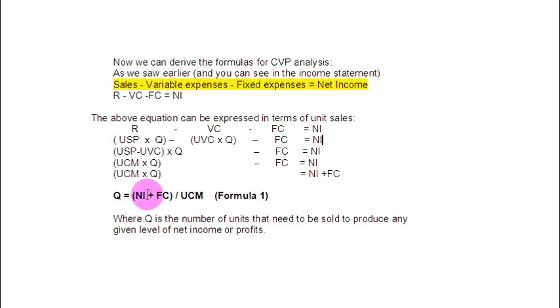When net income is 0, then we would call this a break-even formula. Break-even formula would just say Q equals fixed costs divided by unit contribution margin, because in break-even, net income is 0. This formula is multi-purpose. It does both break-even and any targeted level of net income type questions. We'll use this formula shortly to find out how many banana cream pies you'd actually have to sell to break even or achieve some level of profits.